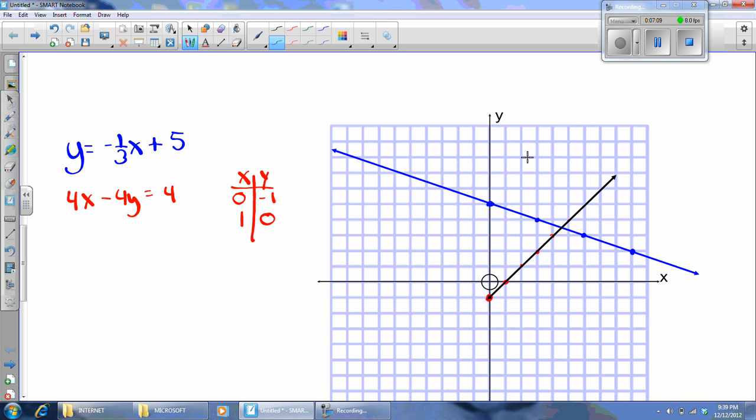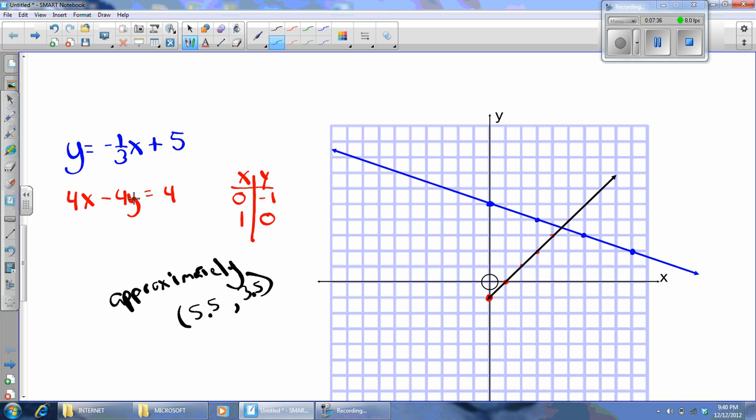We don't really know. So we can say they cross at approximately the point 5.5, and the y-coordinate looks like it's going to be 1, 2, 3, maybe 3.5. It's really hard to tell. Okay, it's not an exact answer.